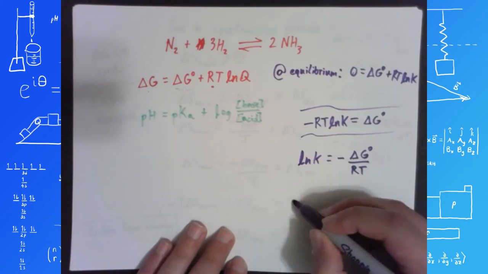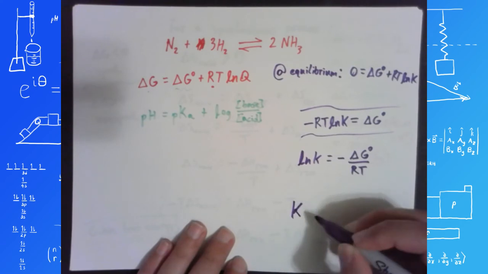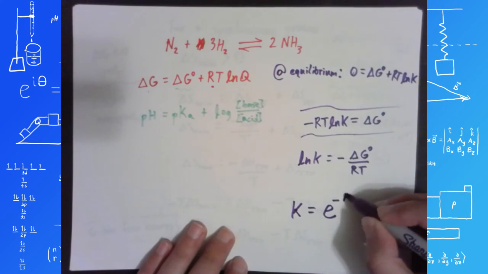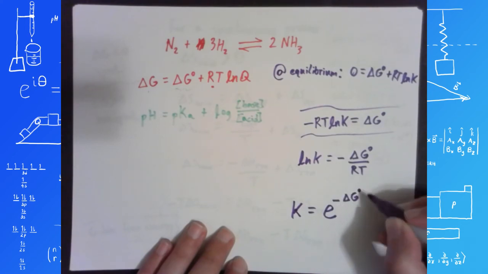E to the ln cancels out, so you're left with K, the equilibrium constant, equals e to the negative delta G standard over RT.